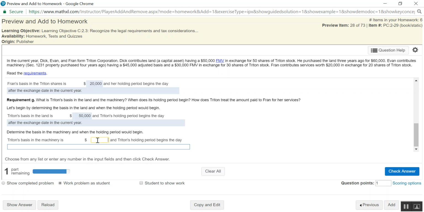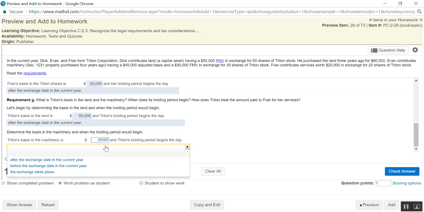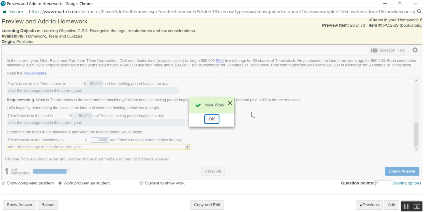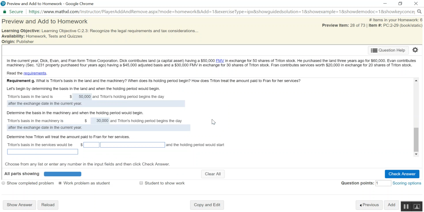So it's going to be a $45,000 adjusted basis minus a $15,000 reduction for the built-in loss. So the corporation's going to have a basis of $30,000, and the holding period is going to be deemed to start the date after the exchange takes place.